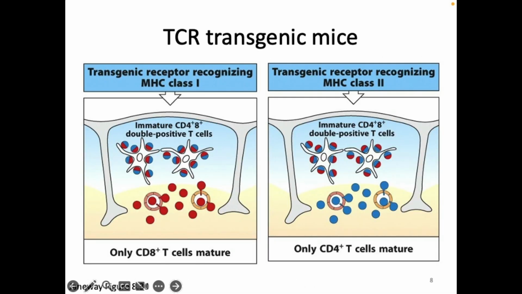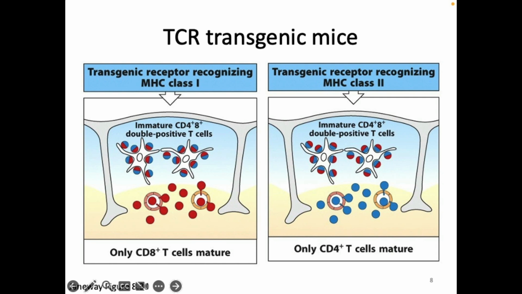If the original T cell that I picked had a receptor that recognized class 1 and was, of course, thus a CD8 T cell, and I put that into a mouse embryo and let those T cells develop, I only get CD8 T cells because those developing T cells can only interact with class 1.